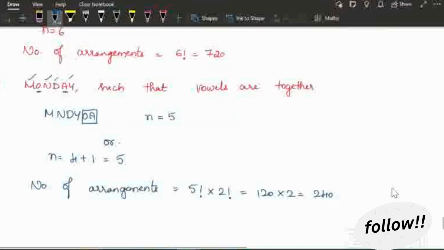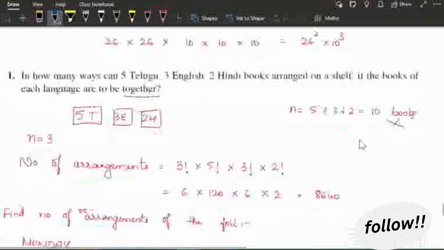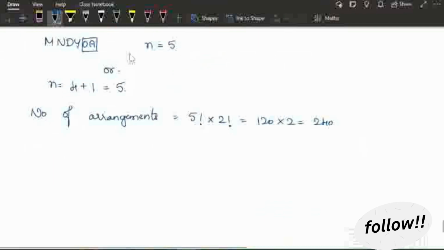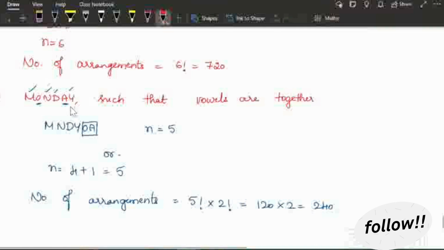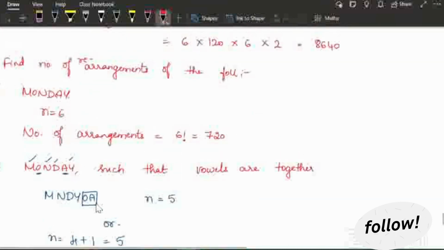Now what if we need the number of arrangements in which the letters are not together? This is for together, very simple. Just count which are supposed to be together, mark it, count the remaining number, plus 1 is the total number of objects, in case you have only one group.